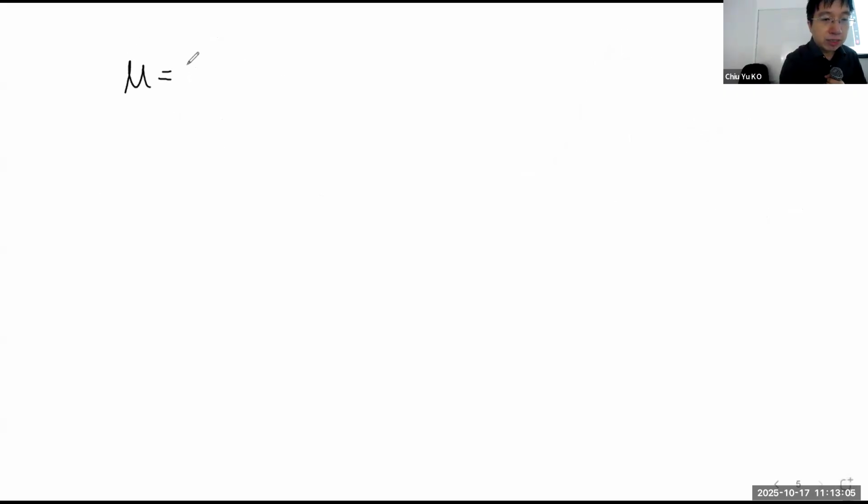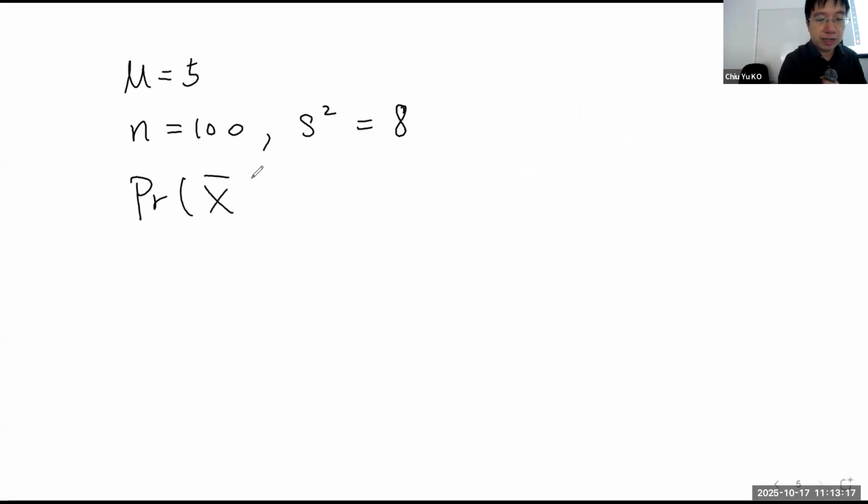Our mu is 5. I've sampled 100, and my sample variance is 8. I'm asking: X bar is more than 5.5. Of course, the underlying is normal.